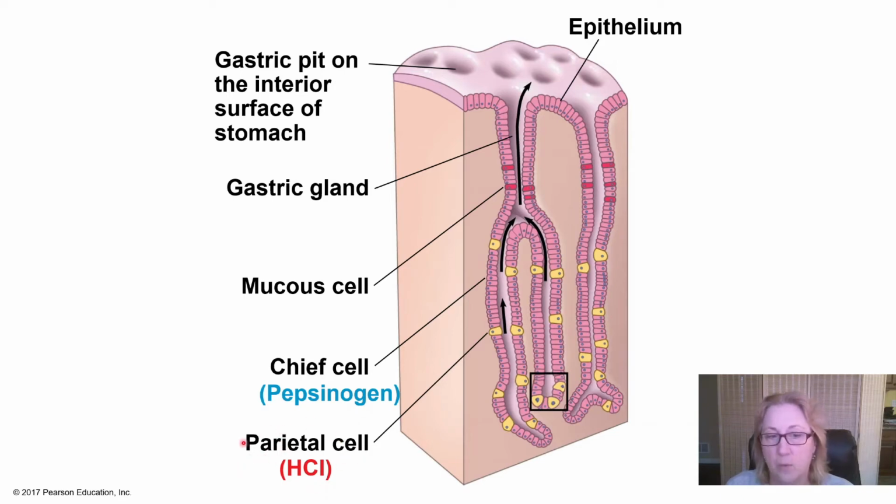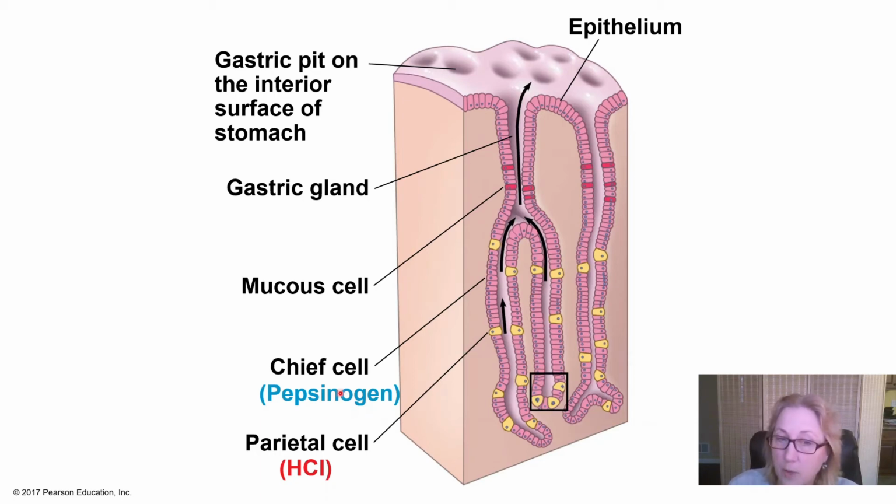Parietal cells are what makes the stomach acidic. Parietal cells secrete hydrochloric acid, and it's the hydrochloric acid that helps activate the pepsinogen. And so without an acidic environment, the pepsinogen wouldn't be able to even be converted into the active form pepsin.